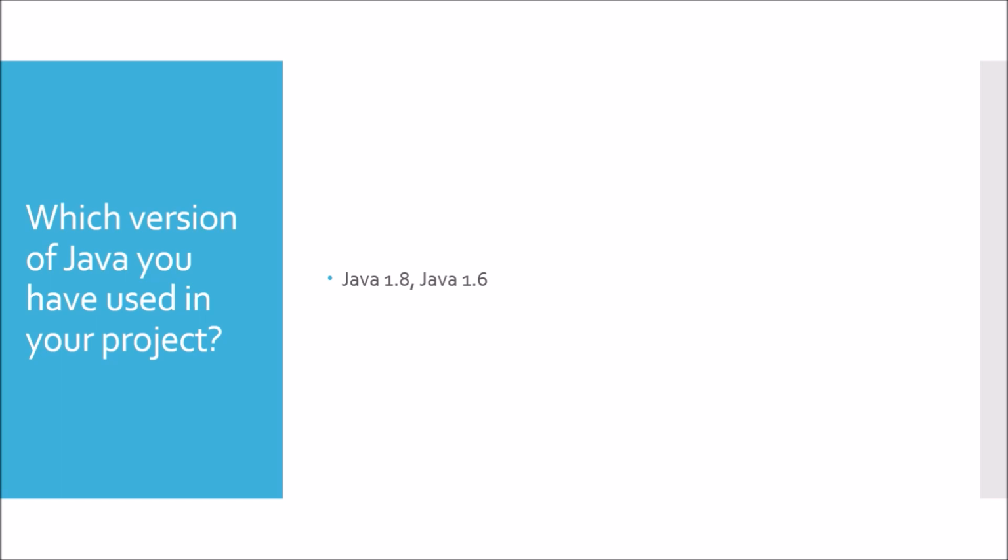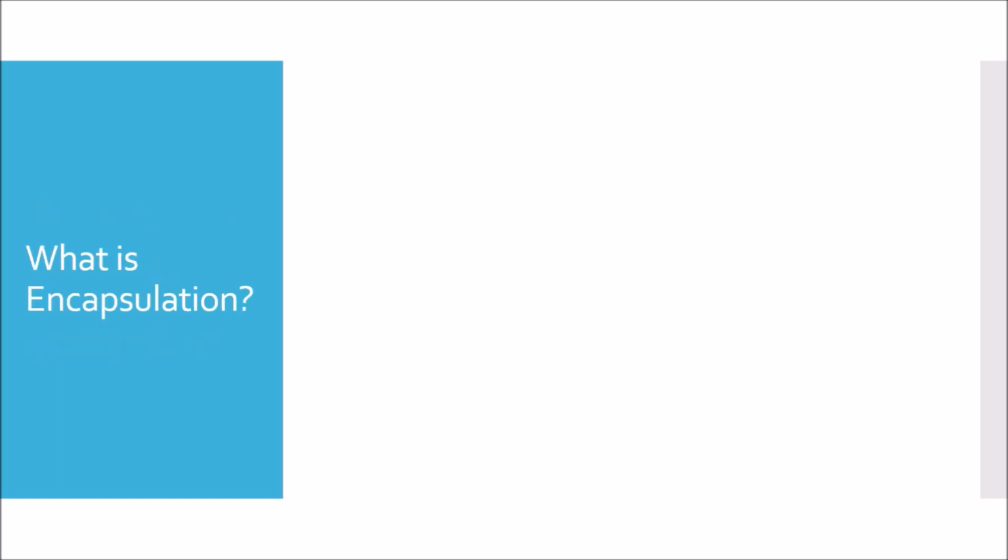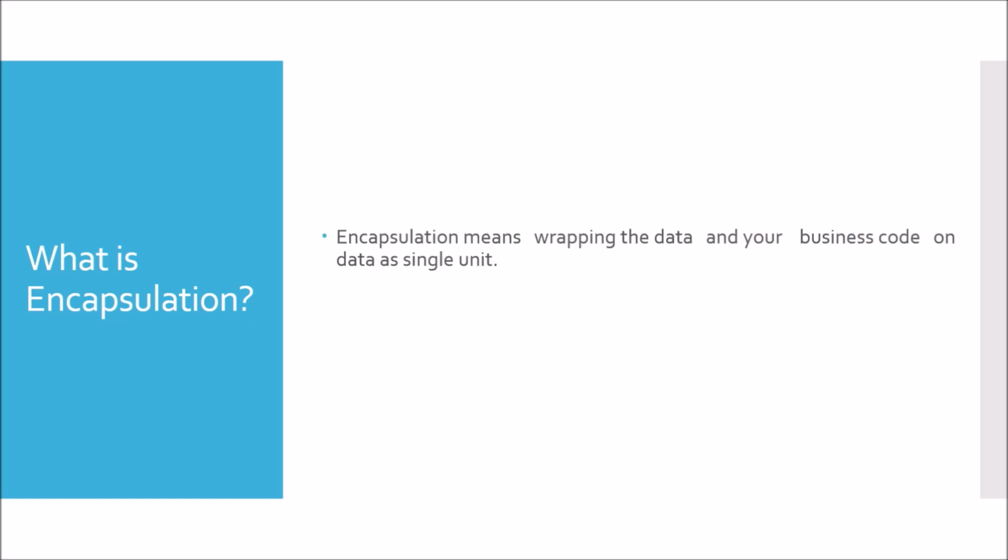Moving to the next question. What is encapsulation? Encapsulation means wrapping the data and your business code on that data as a single unit. It protects an object's behavior from misuse. What is meant by wrapping the data?